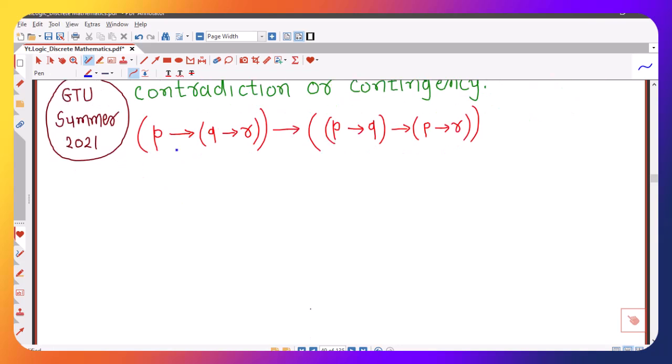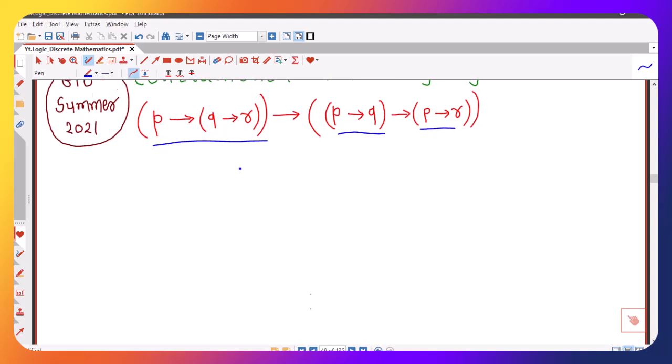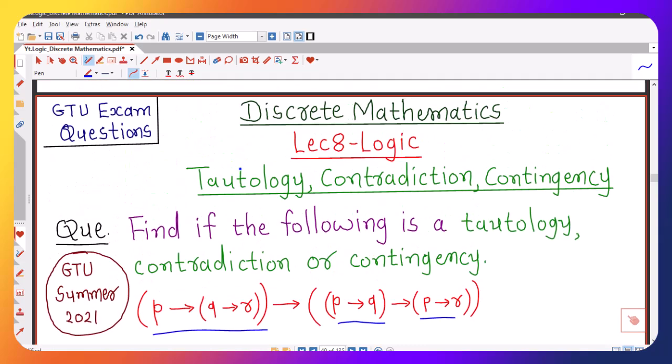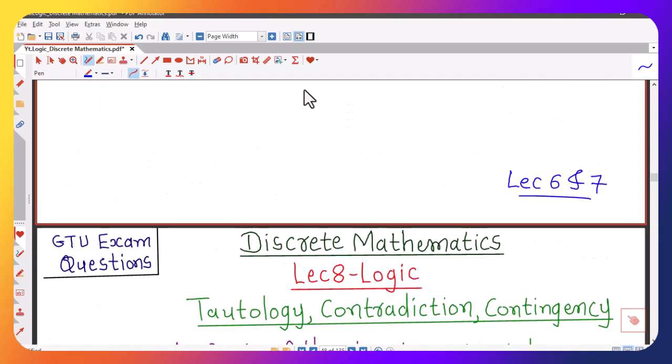Here the statement formula is P implies Q implies R implies P implies Q implies P implies R. So this statement formula has used the logical operator implication.